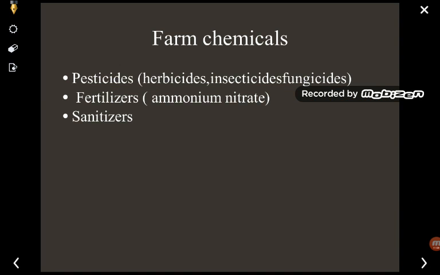The next source of chemicals is the farm chemicals. Normally the pesticides. So pesticides may include herbicides, insecticides and fungicides. So pesticide industries are the main source of certain hazardous chemicals, because in case of pesticide what we are doing, we are killing an organism.